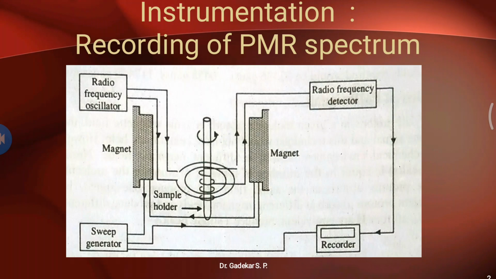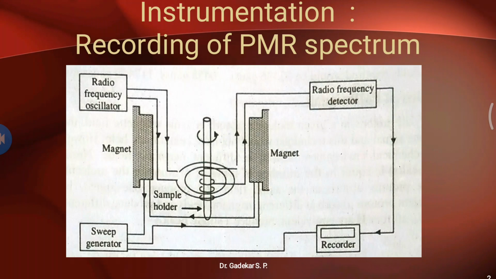This is the function of the radio frequency detector. Next is the recorder. The recorder records the signal given by the detector in the form of a graph: absorbance of protons versus radio frequency or magnetic field. This is the function of the recorder.